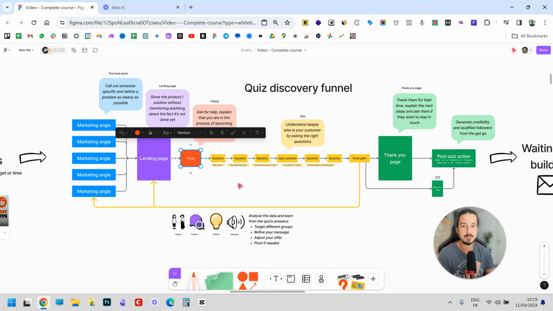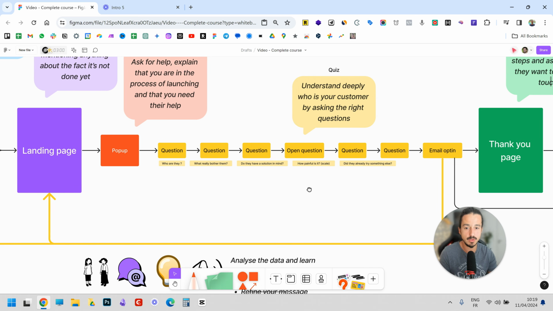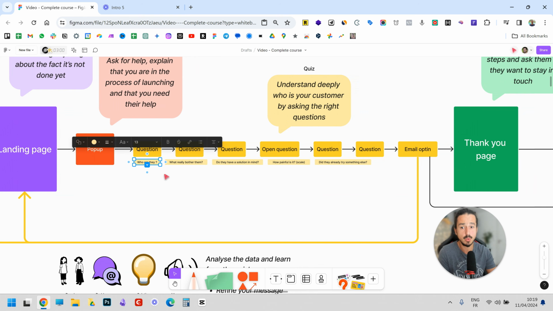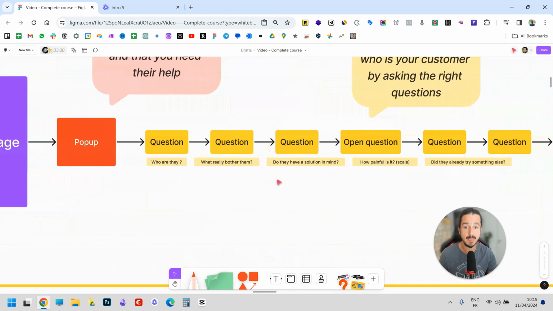So the commitment that there is here and the quality of the people answering this survey is just incredible for you as a business, as a founder, to build the perfect solution. And what do you want to know here? You want to know first who they are. Are they exactly the people that you thought they would be when you created the campaign?